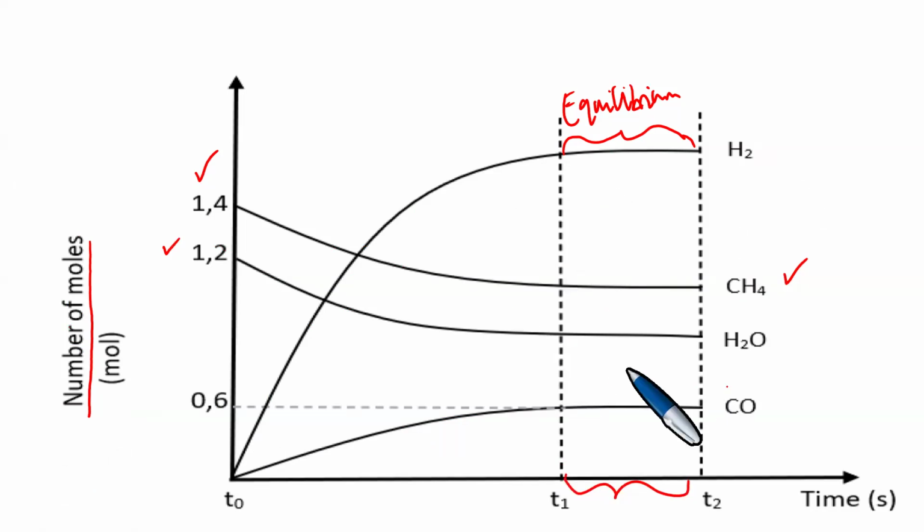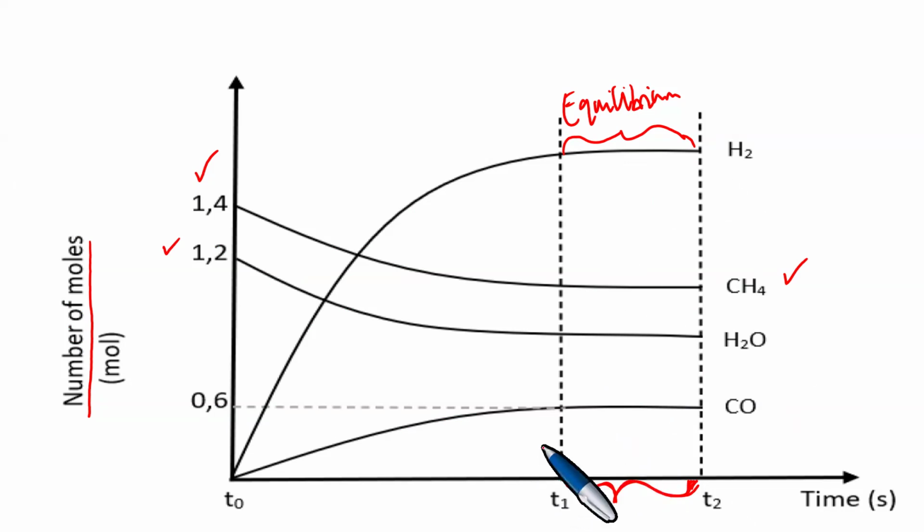All these graphs are level. This hydrogen graph is level, the methane graph is level, the steam, H2O graph is level, and the carbon monoxide graph is level.